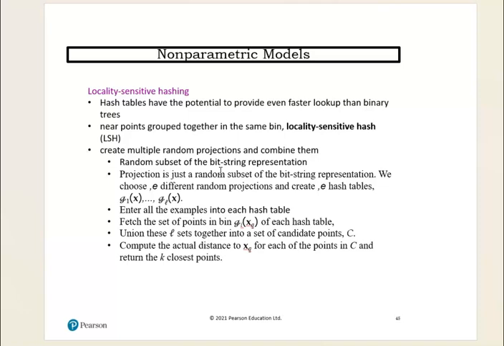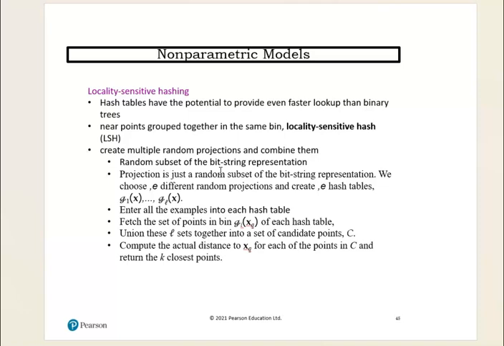Okay. So in fact, what we're going to do is discretize the line into bins, similar to building a histogram. You're going to define bins on that line, which we call hash buckets, so that with high probability, near points project down to the same bin. Points that are far away from each other will tend to project down into different bins.